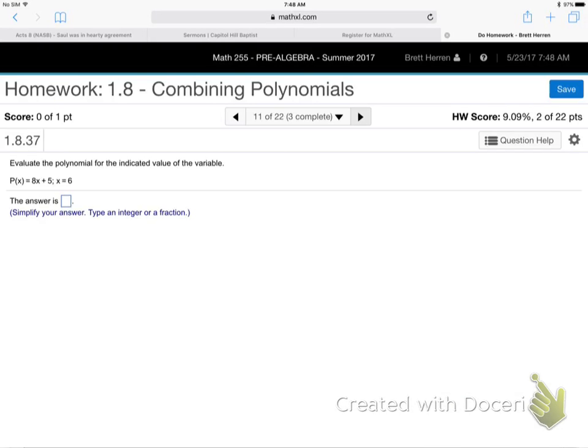All right. So they're giving us that polynomial. Let me write it over here. P of x equals 8x plus 5, and they're saying x is 6. So what they're saying is, evaluate.